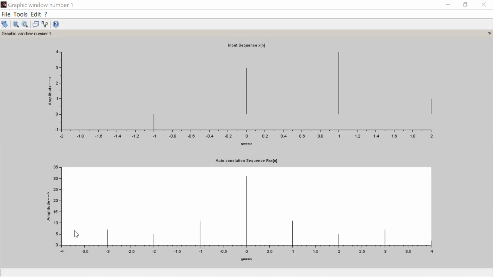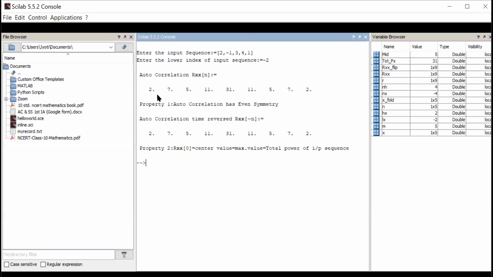What values did you get there? The same values will be plotted here. This is the autocorrelation of the given sequence. See here the values you got in the previous output window: 2, 7, 5, 11, 31.